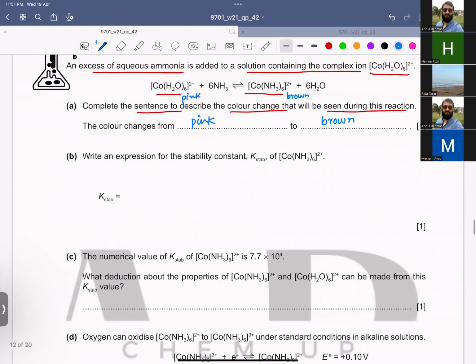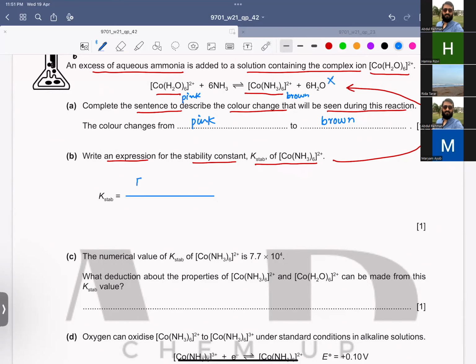Now, write an expression for the stability constant Kstab of this complex. Here we have an equation for this one. If you recall, whenever we write the Kstab expression, we don't include water.